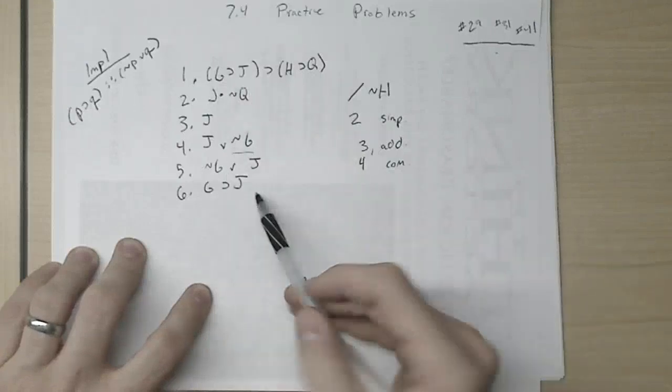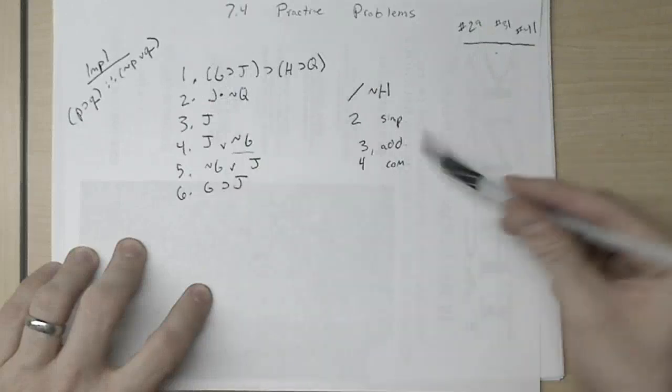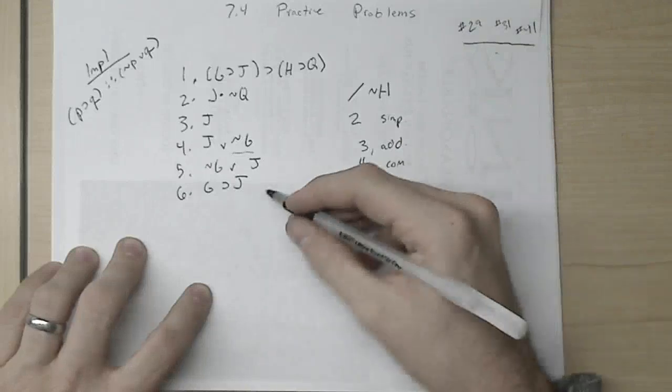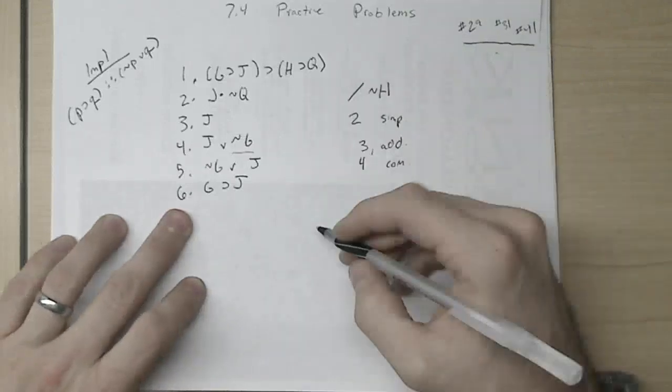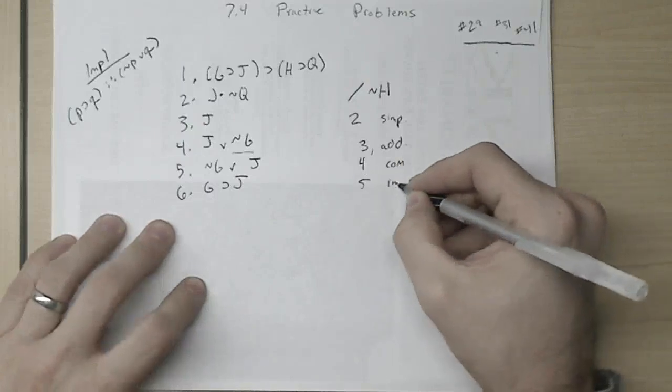Look, here I have it. I just got the J. That's exactly what I needed to do my modus ponens here. Now I can go through with my original plan that I came up with by reverse engineering the modus tollens. So let's write down what we just did. That's line 5, implication.